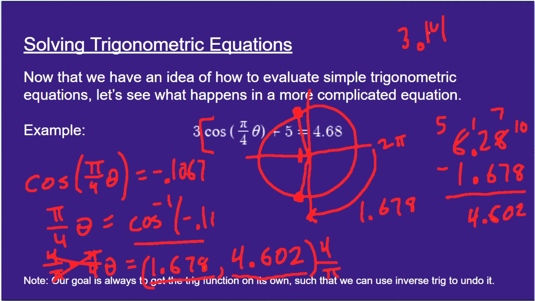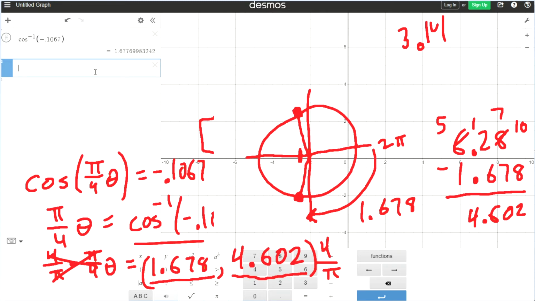That seems a lot easier. We had 1.678, and we're going to multiply it by 4 over pi. And then our other one was 4.602, and we're going to multiply it by 4 over pi.